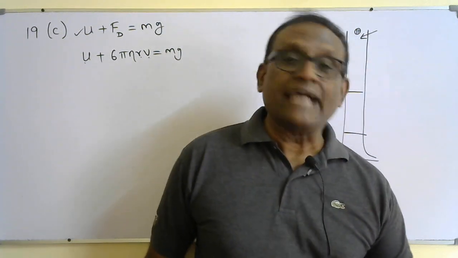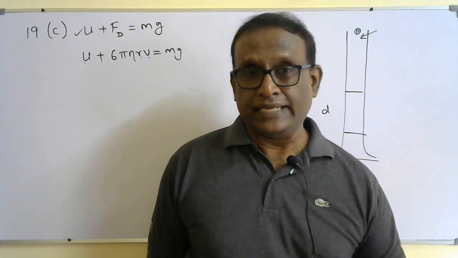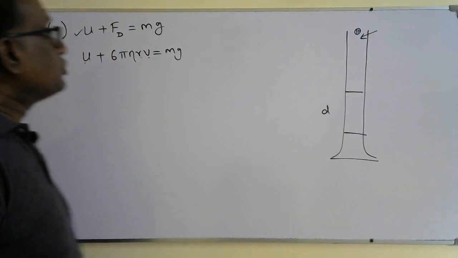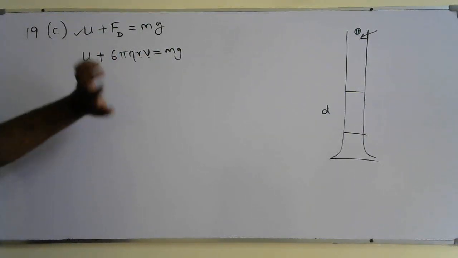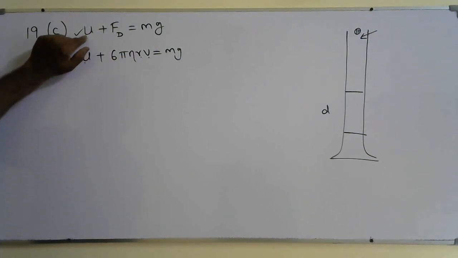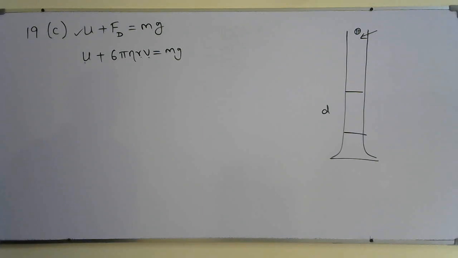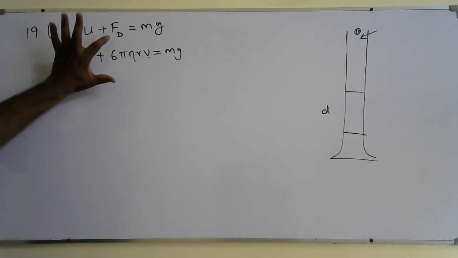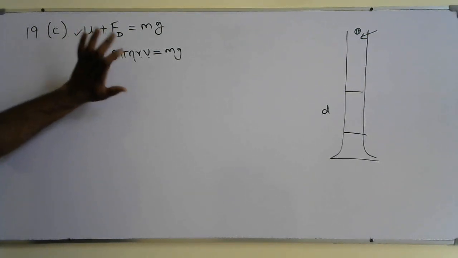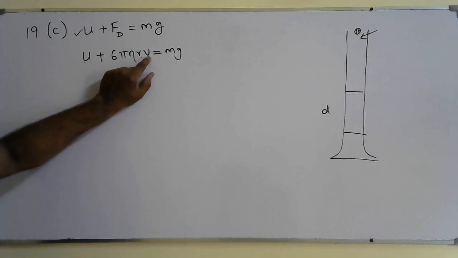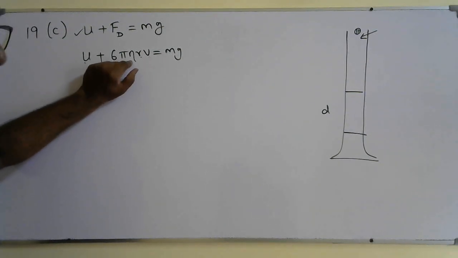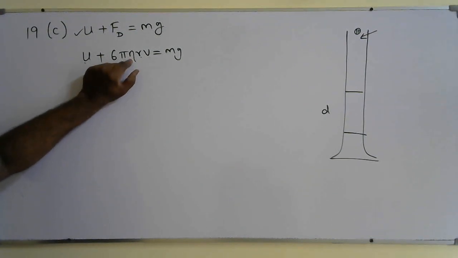So how can we achieve a lower terminal speed? When it falls down, the forces must be balanced. The total upward force must be equal to the weight. But here, we know the drag force is going to be smaller for a particular speed when we are using blood, because the viscosity is smaller.